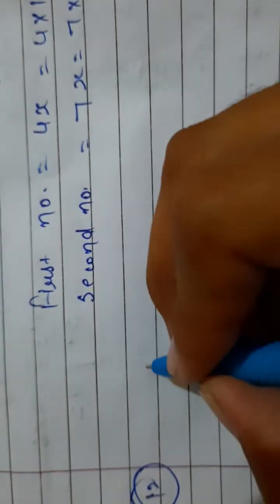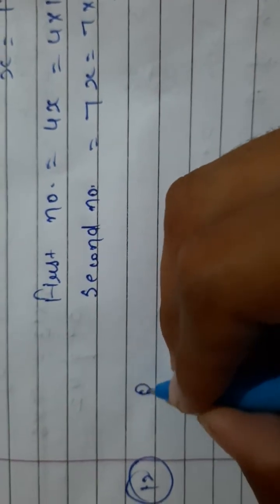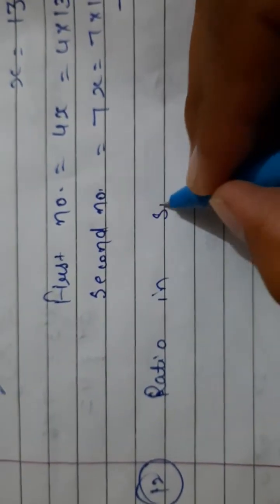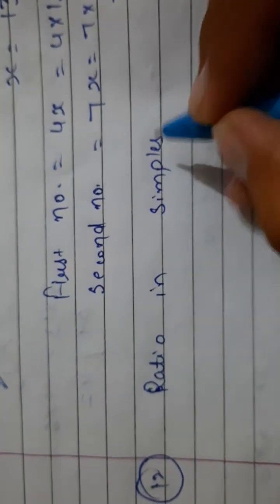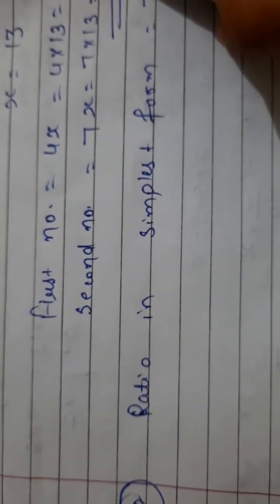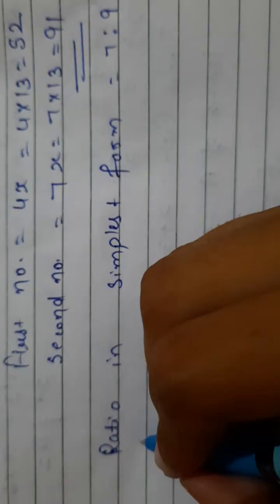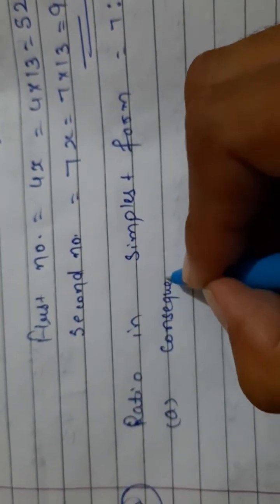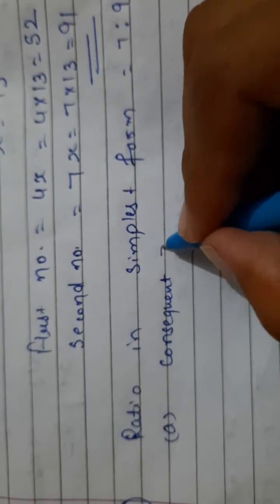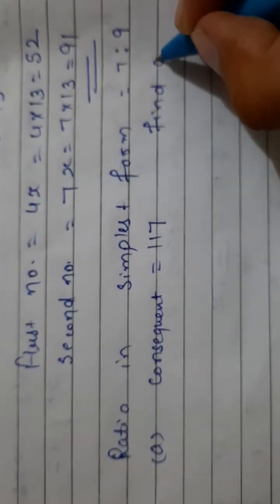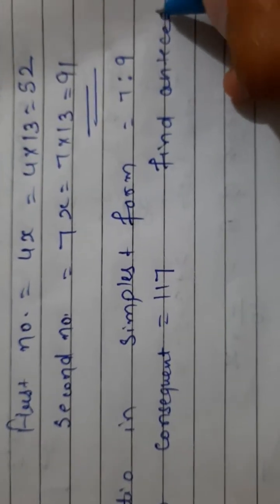Next, see 12th question. Ratio in simplest form is given: 7 ratio 9. A part is there. Consequent is 117. Find antecedent.